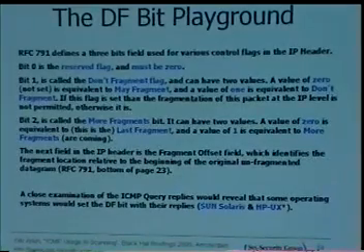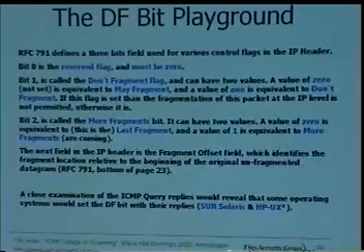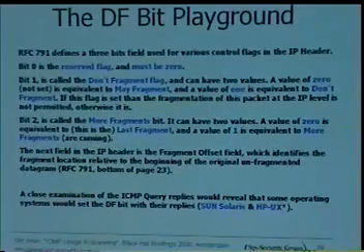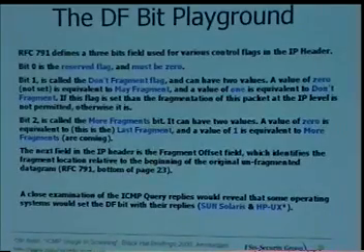Bit 1 is called the don't fragment bit: a 0 value means may fragment, and 1 means don't fragment. Bit 2 is the more fragments field: 0 means this is the last fragment, and 1 means more fragments are coming.